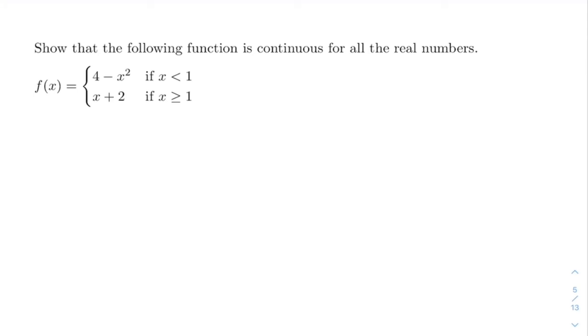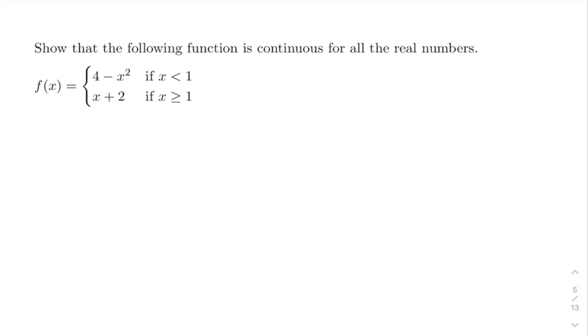Finally, let's see how we can check if a function is continuous directly using its definition. So here we have a function f that is defined piecewise. So we have to check the three conditions to see if it's continuous or not.